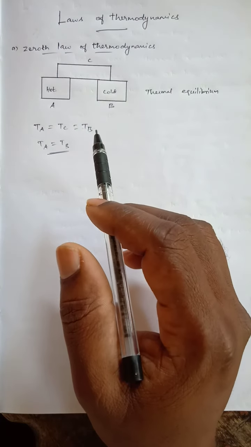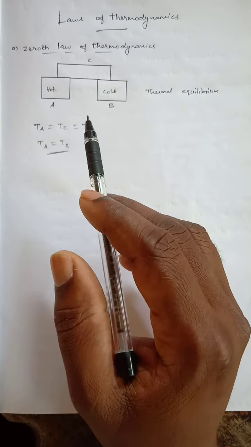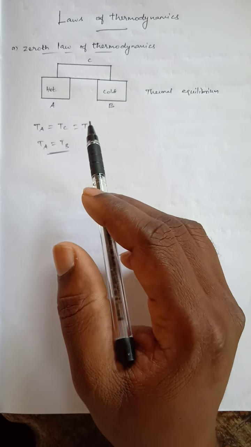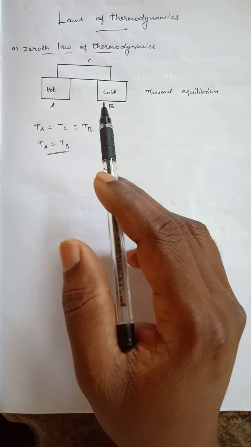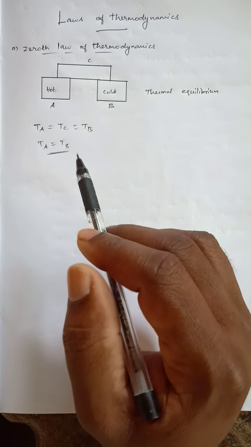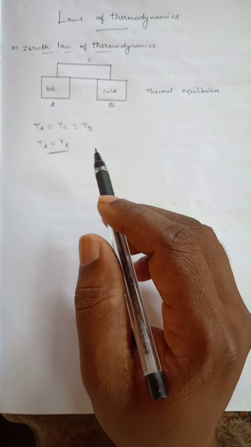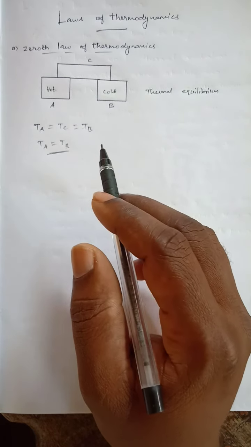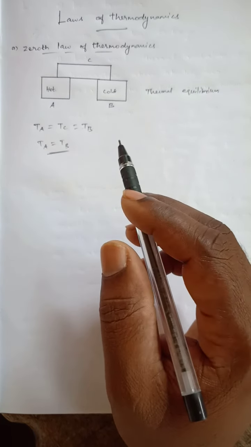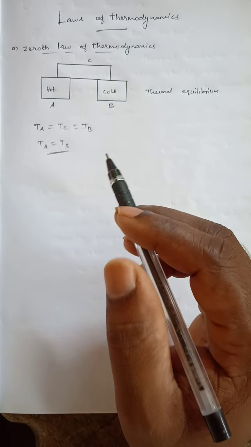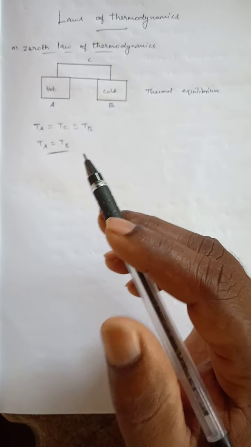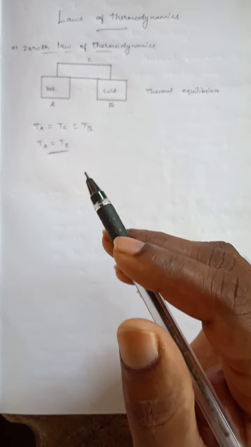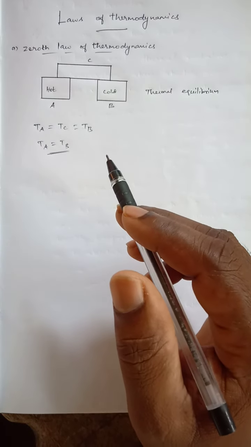Next, where do we use this law? The zeroth law of thermodynamics is able to determine temperature. For example, when a thermometer is kept in contact with the human body, it shows the actual temperature of the human body by the rise of the mercury in the thermometer.